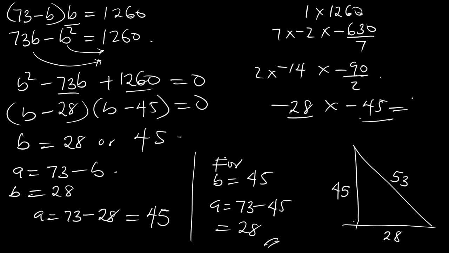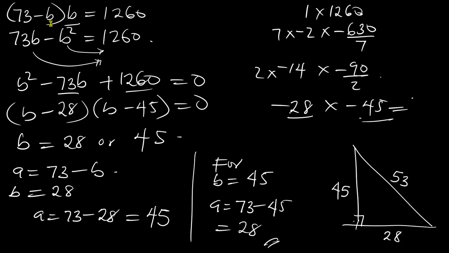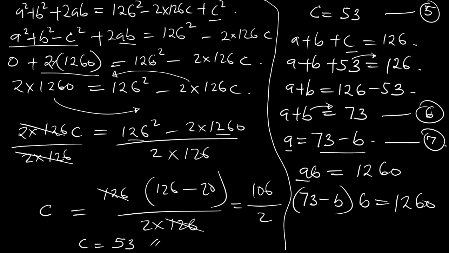So now let's check to see if it is correct. Okay, let me see how we're going to check if it is correct. We use the perimeter. You have A plus B plus C is equal to 126.